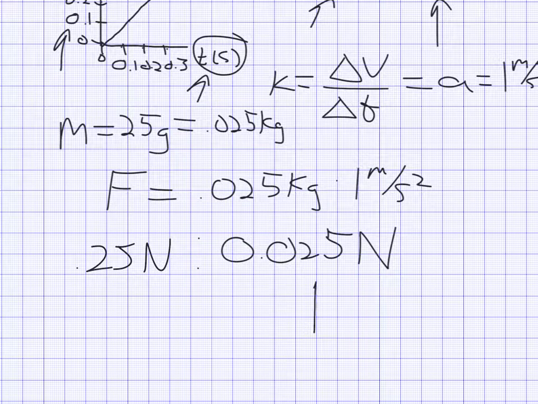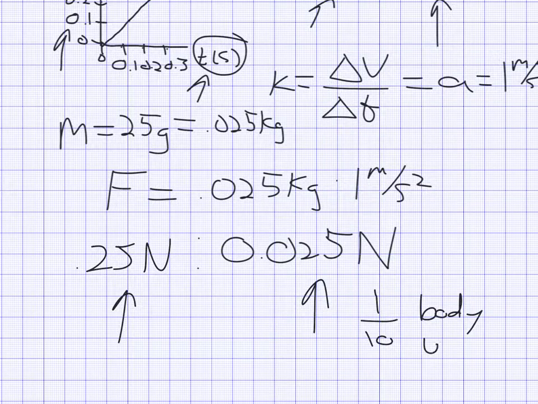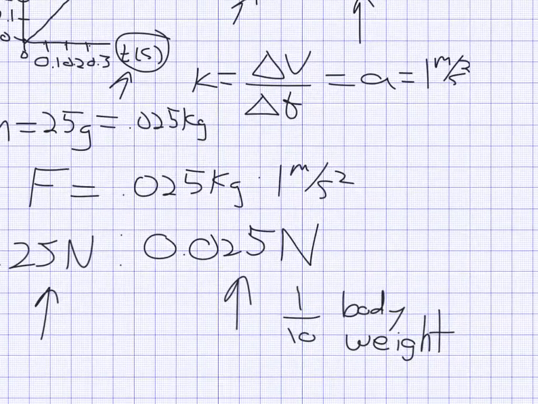So this force is 1/10 of this force, or basically it's pushing itself away with a force equal to 1/10 of its body weight. And weight is appropriate here, not mass, because newtons measure weight. Kilograms measure mass. So this is perfectly acceptable to say. Good deal. 1 to 10 ratio.